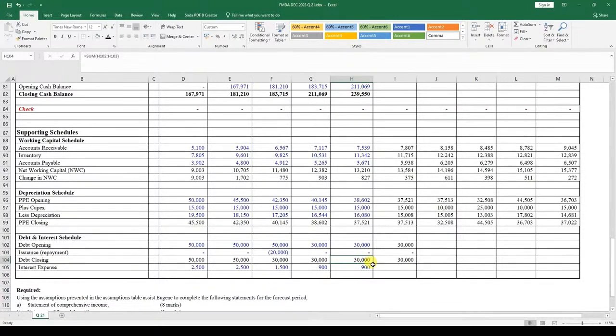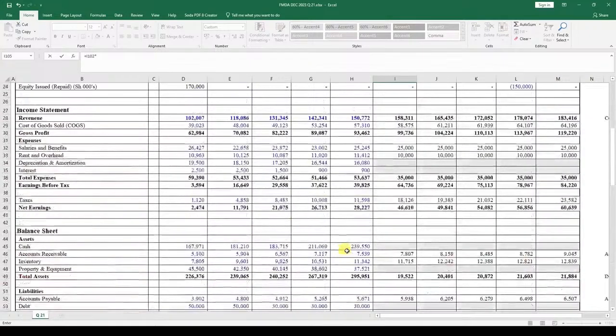We wait for the plus sign that looks black like that, which is over here like this, and then we drag it moving towards the right. How do we get the interest expense? The interest expense is based on the opening value times interest on the assumptions section.